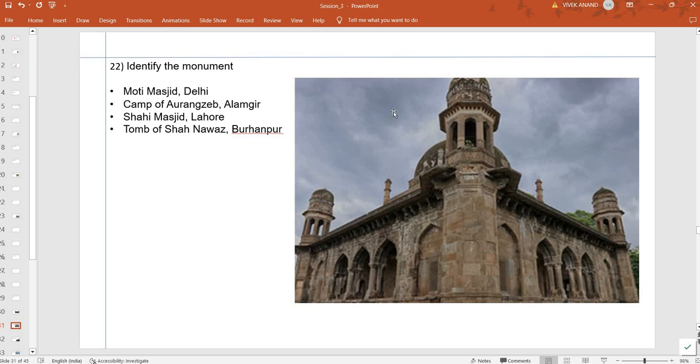You can see chhatris, you can see a large dome, you can see minarets kind of in four corners. You can see balustrade columns, you can see sandstone, you can see sloped roofs in four walls.